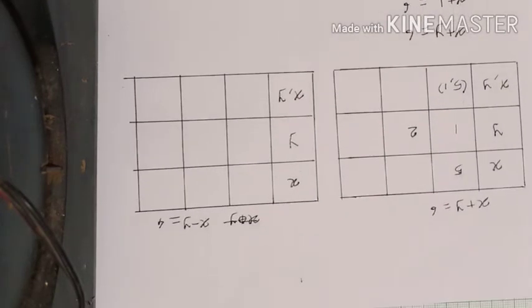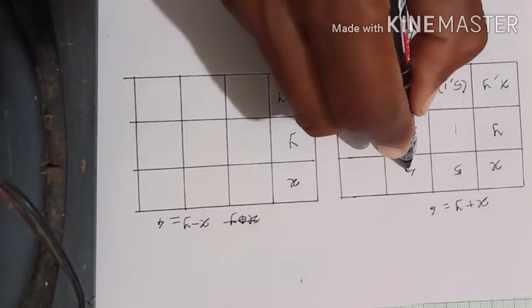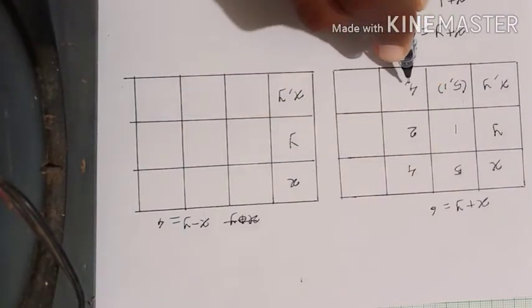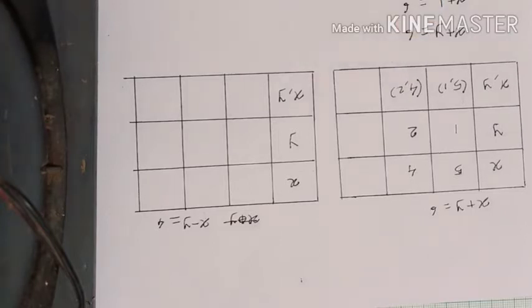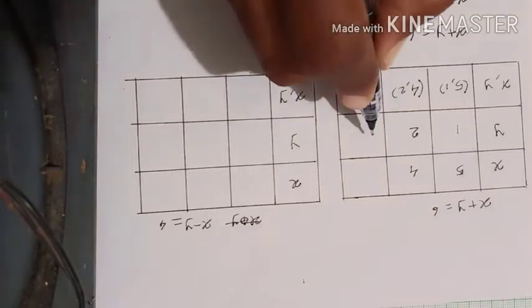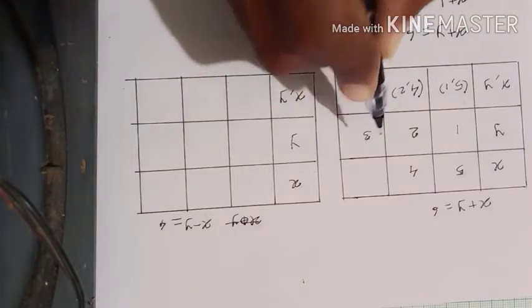Now, x is equal to 6, and plus 2 becomes minus 2. So x is equal to 6 minus 2, which is 4. Good. In this way, x is equal to 4. Then I will write here the value of x, 4, and the coordinates of the point are 4, 2. For the third box, suppose I put the value of y as 3.